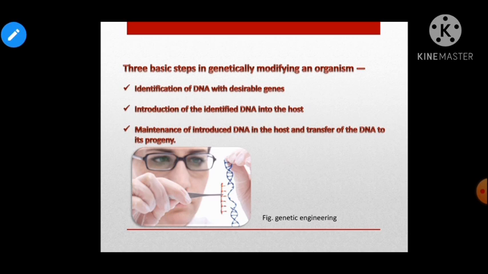So by those three steps, recombinant DNA technology occurs. For example, children, insulin synthesize करने की जीन होती है.